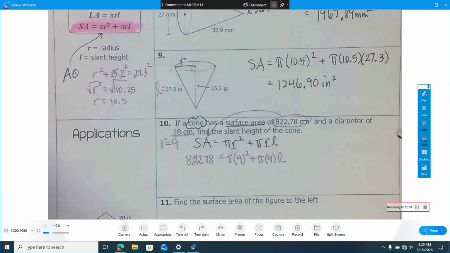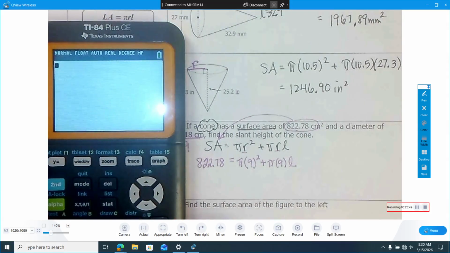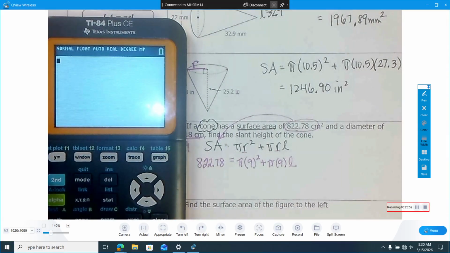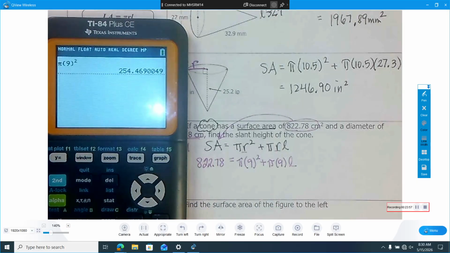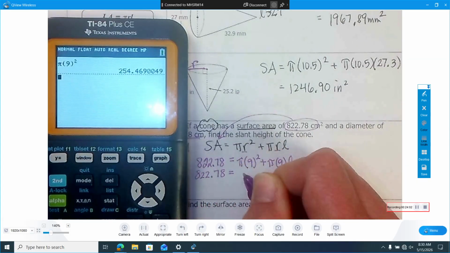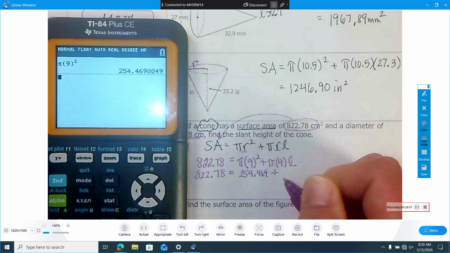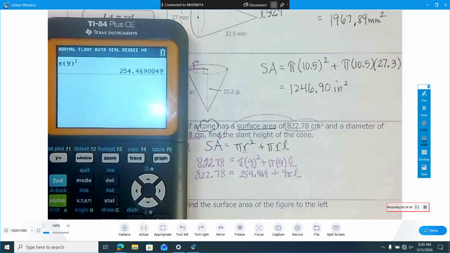How are you going to do this? Not quite. This, let me see, we can clean this a little bit. I don't really want to, but let's see. So pi times 9 squared is, let's see, so 822.78 equals 254.469 plus 9 pi L, all right?